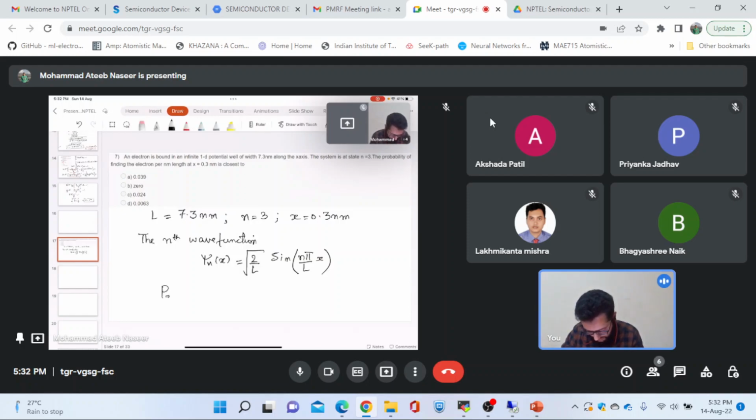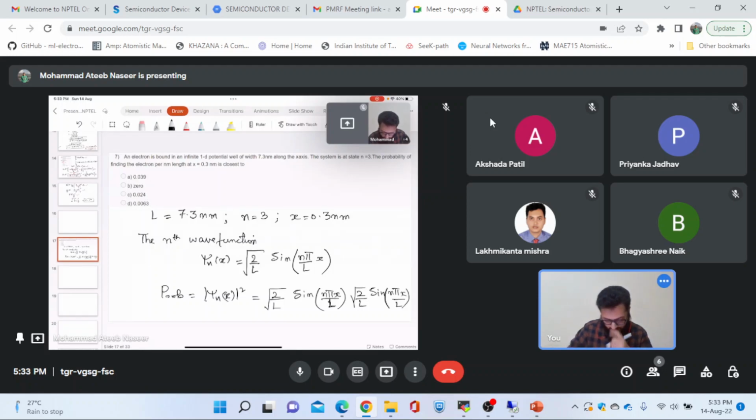This probability will simply be given by psi n of x squared. Actually, it's psi n conjugate into psi n. So it will simply be root of 2 by L sine of n pi x by L into root of 2 by L sine of n pi x by L.